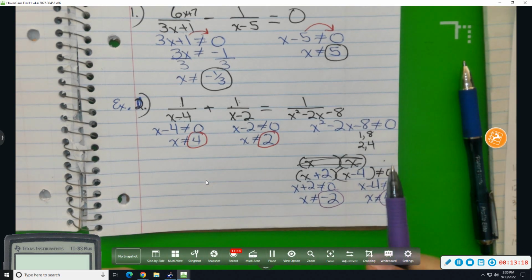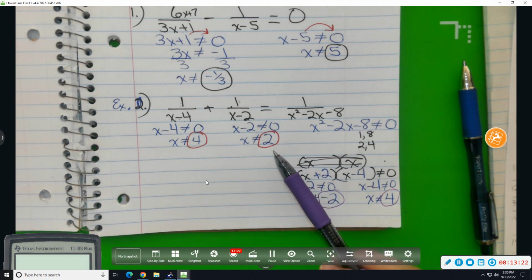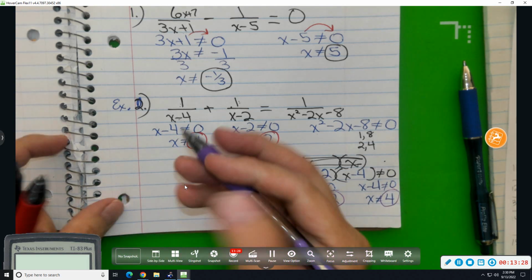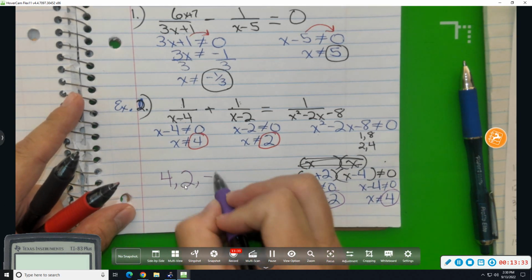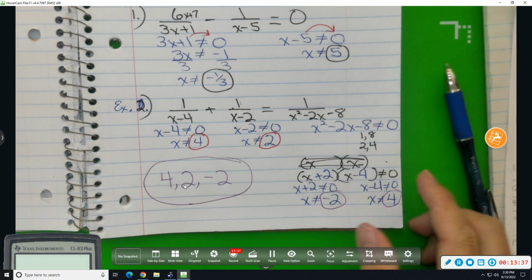So, in this example here, where I miscopied, it turns out there are 3 numbers that can't be solutions. 4, 2, and negative 2. But that's not number 2.